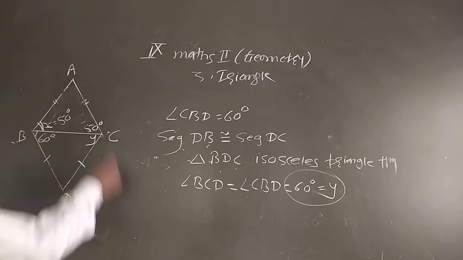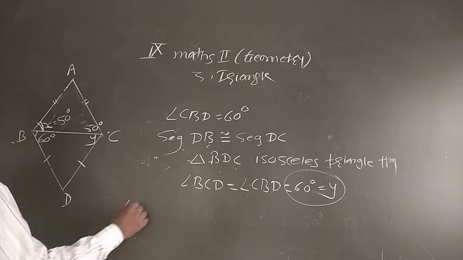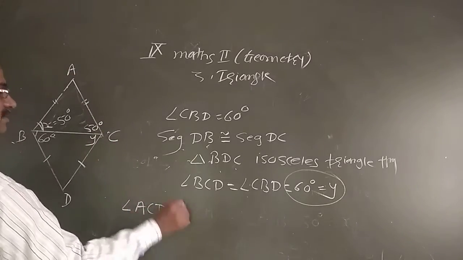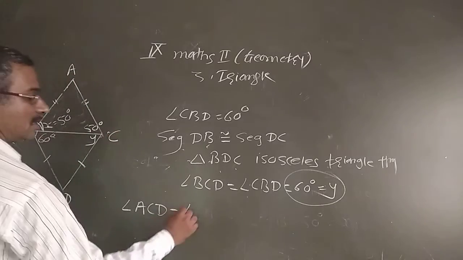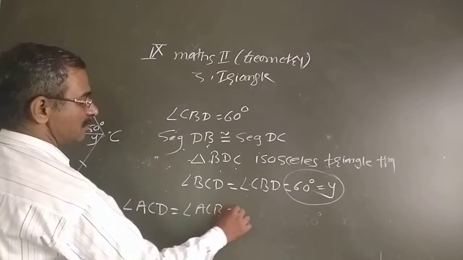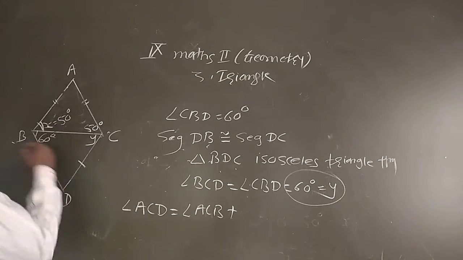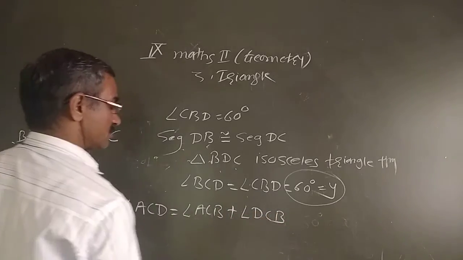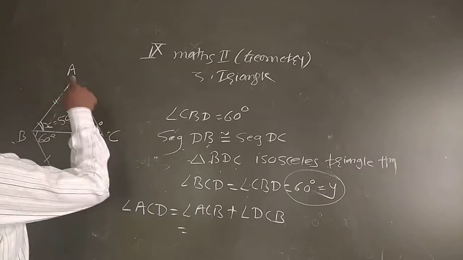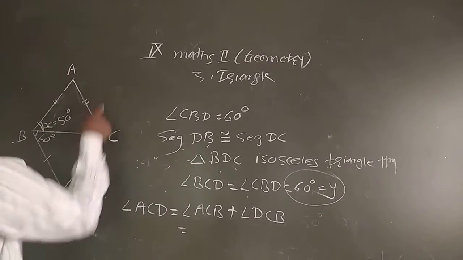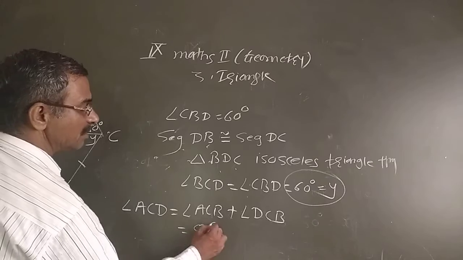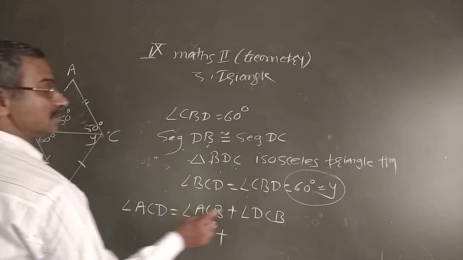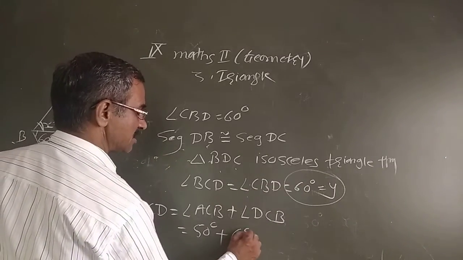Again we find the value of angle ACD. Angle ACD is the sum of angle ACB plus angle DCB. By putting the values, ACB is 50 degrees plus DCB, that is y, whose value is 60 degrees.